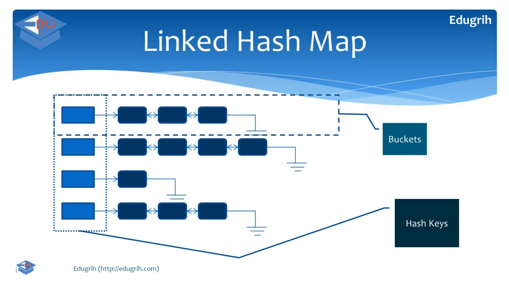So again, this has the same kind of properties as a hash map. It is again not thread safe, so you need some kind of access control if you need synchronization across threads for this ordered hash map, that is linked hash map.